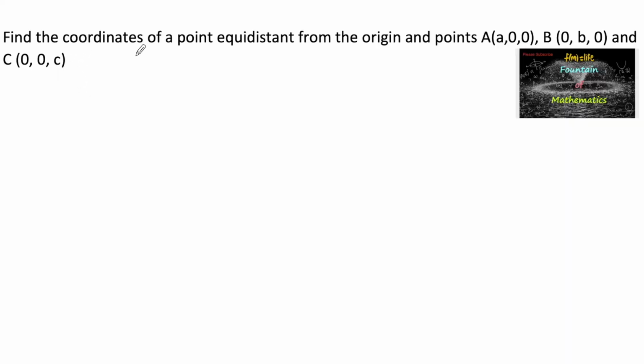Find the coordinates of a point equidistant from the origin and points A(a, 0, 0), B(0, b, 0) and C(0, 0, c).